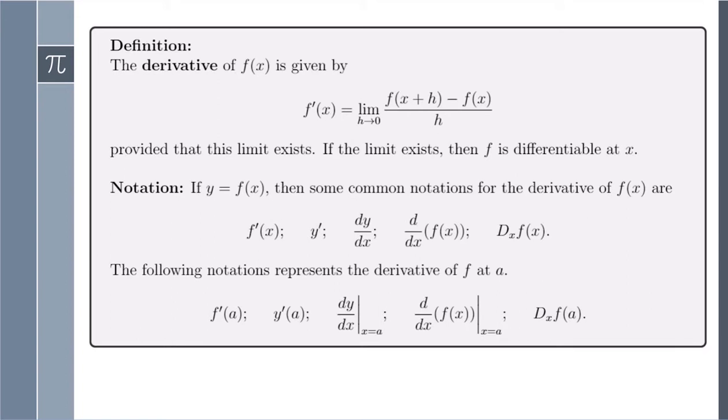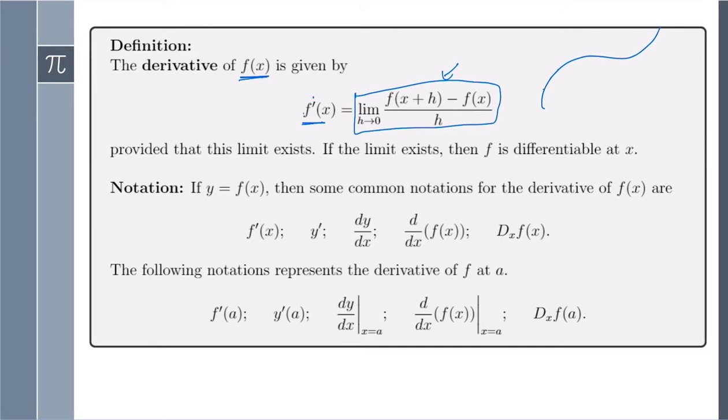So if f of x is a given function, a given curve, then we have a new function which is called the derivative of f of x and represented by f prime of x, and that equals this limit right here. This is a new function that represents the rate of change, or the slope, on the graph of f of x.